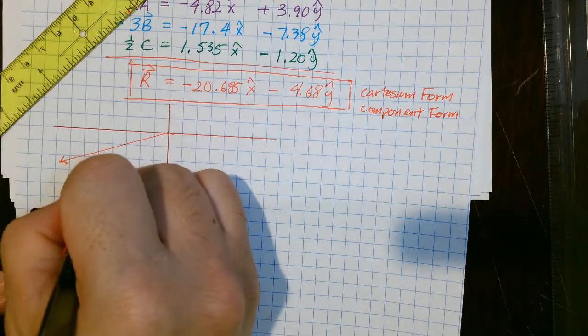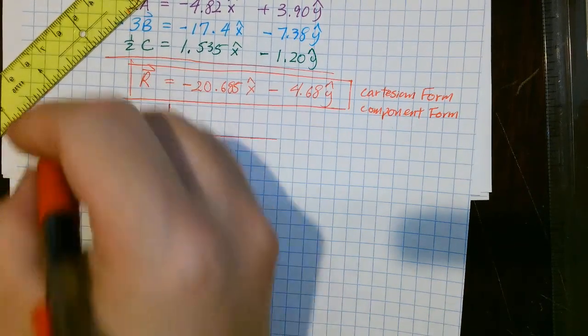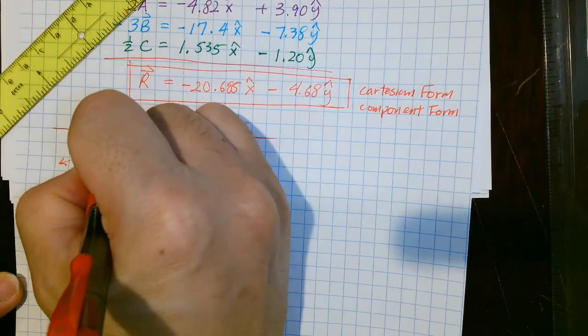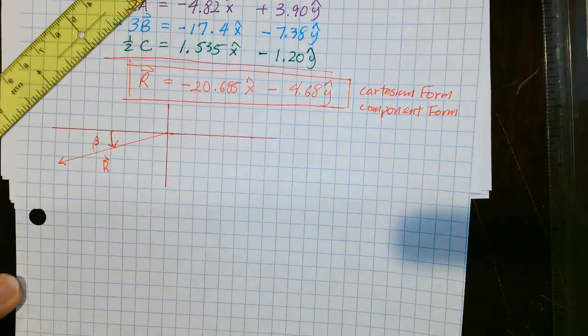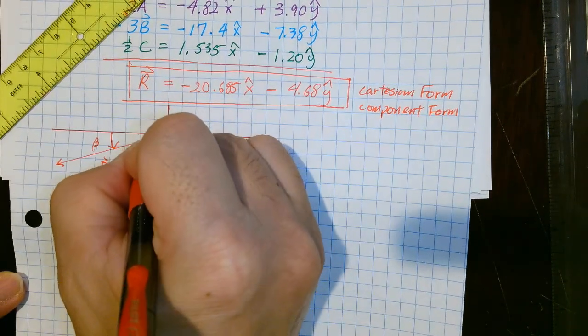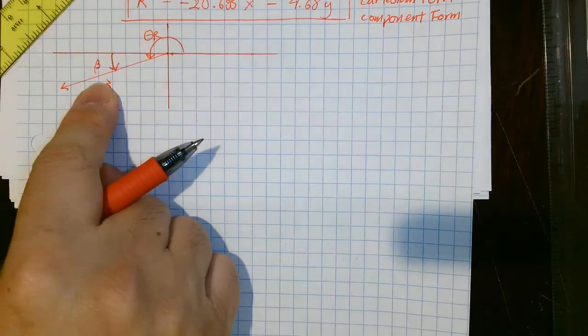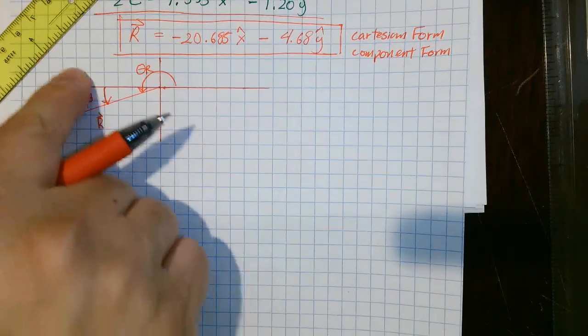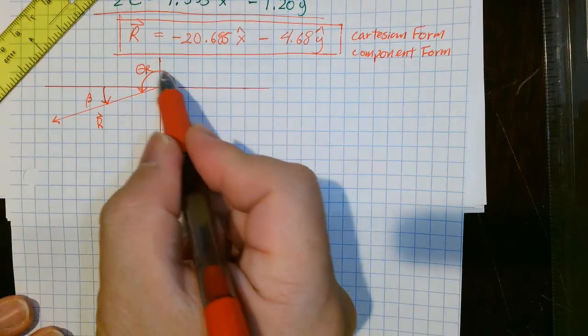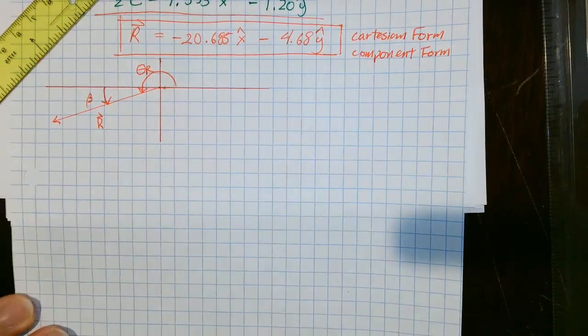So this is your resultant vector. This angle right here is your beta. So this here is your theta resultant. If we could figure this angle out, we could definitely figure out this theta.